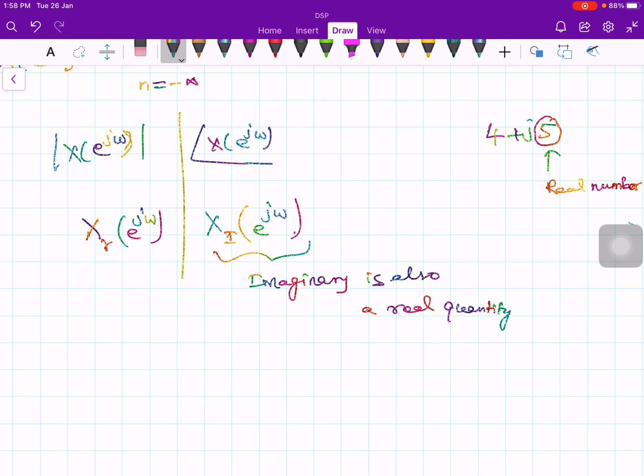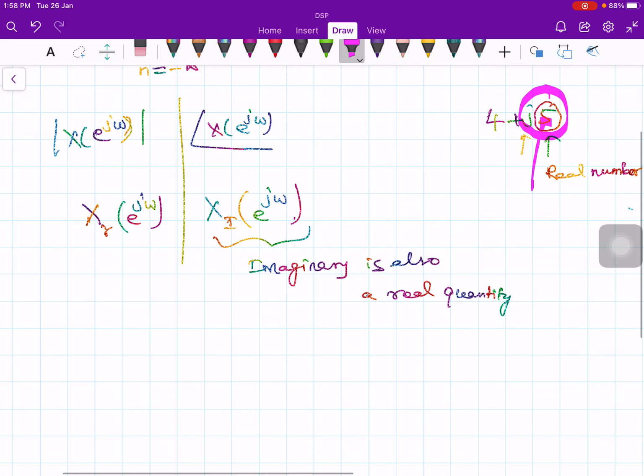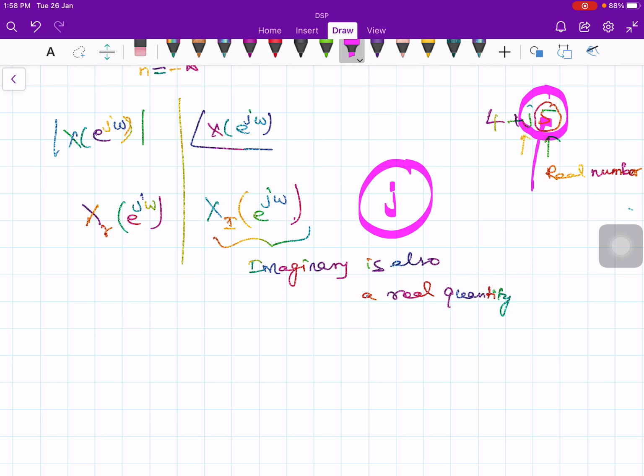It's not imaginary. The moment you put j, then j times 5 becomes imaginary. If you consider only 5, then it is real. Therefore X suffix I of e to the j omega is also real. It is only by multiplication by j that you make it imaginary.